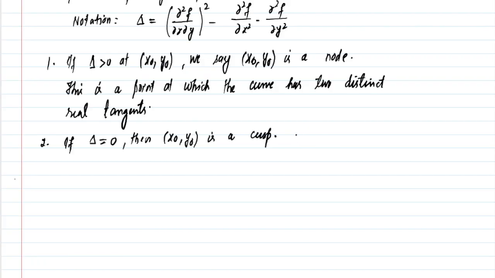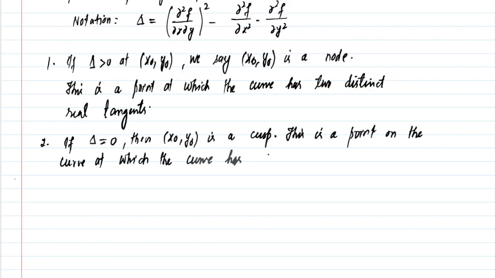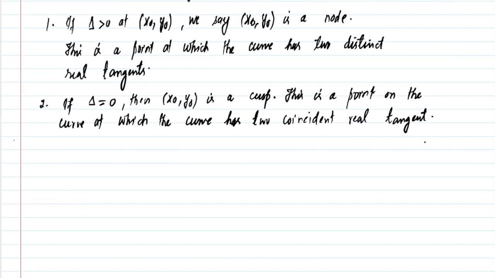This is a point on the curve at which the curve has two coincident real tangents. So that means we will have two tangents at a point, but they will look like a single straight line.